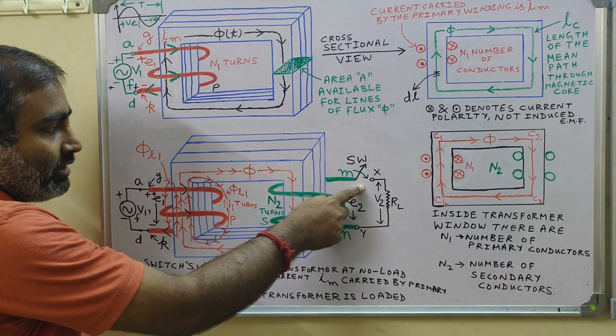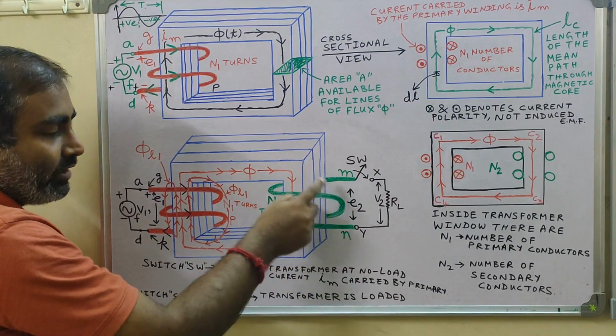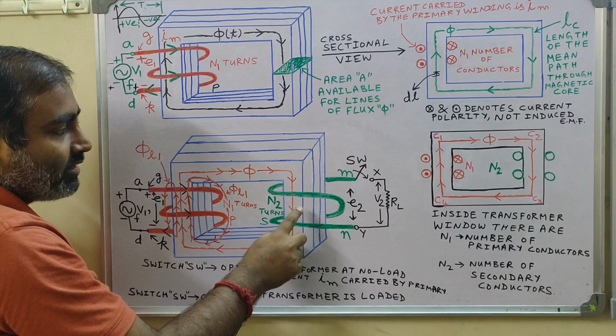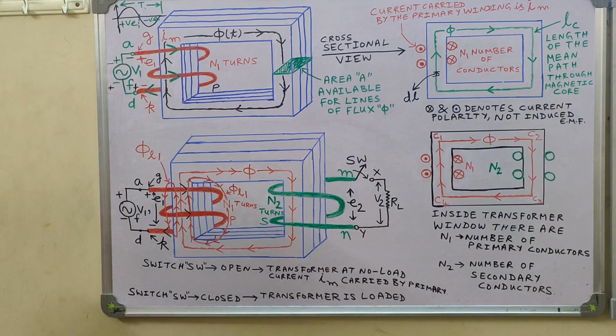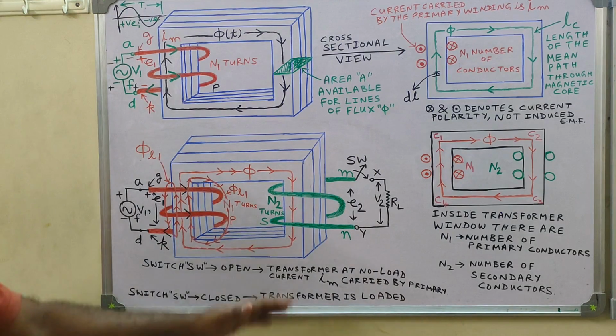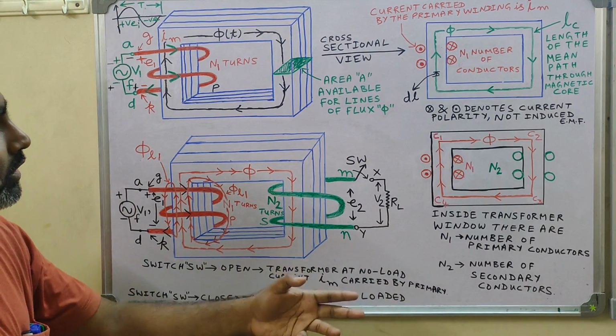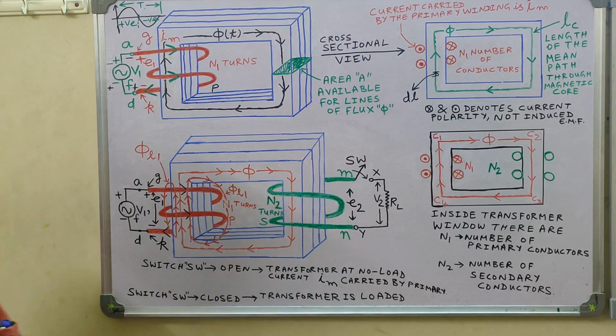If the switch SW is kept open, then no current can circulate through the secondary coil, and if there is no current circulating through the secondary coil, then the product of voltage and current, VI, will be zero. So that means power delivered by the secondary coil will be zero. So if the secondary coil is not delivering any power, that means it is at no load condition.